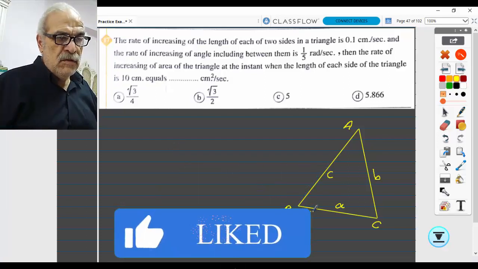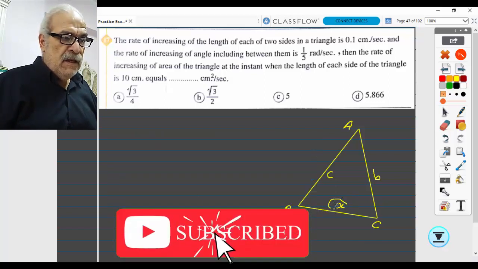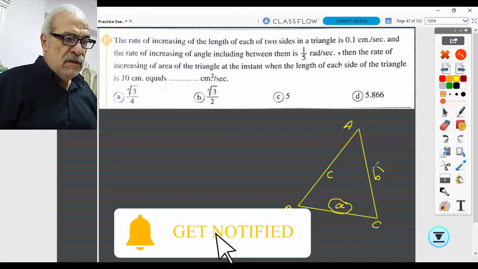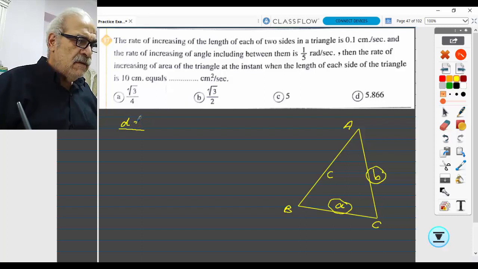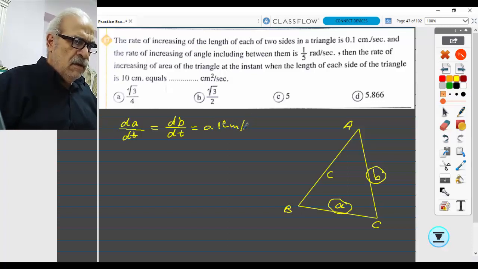So we will consider the two sides A and the other side B. So we can say dA/dt equals dB/dt, each equals 0.1 centimeter per second.